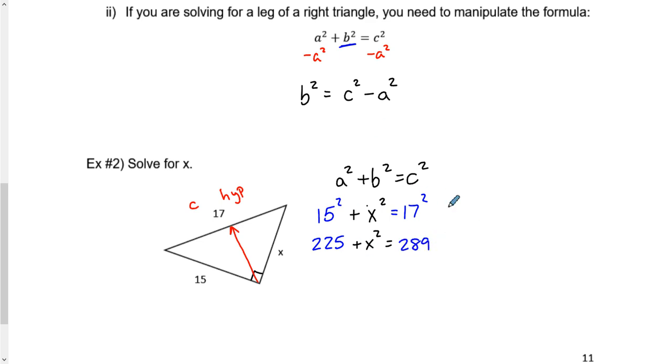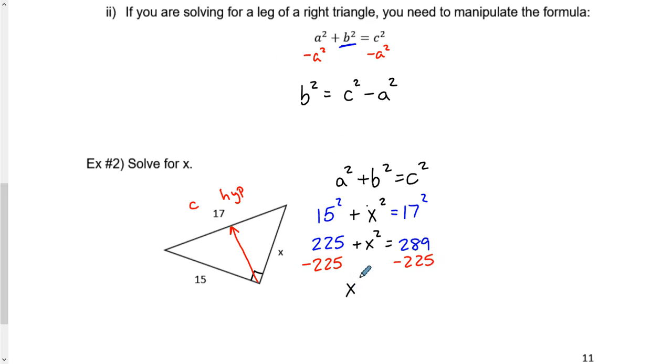I do my squaring first, as it directly ties into our order of operations, which we're going to talk about even further in our next unit. We're doing that exponent first, before we do any addition or subtraction. Anyways, we subtract that 225.